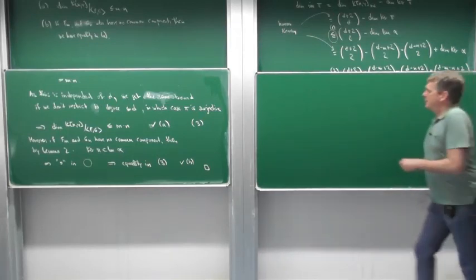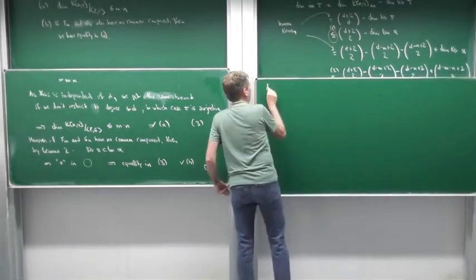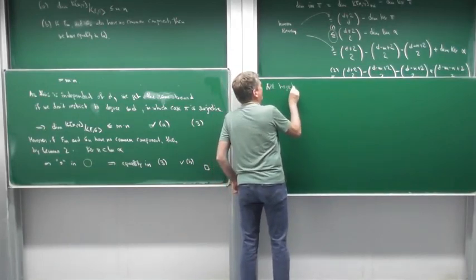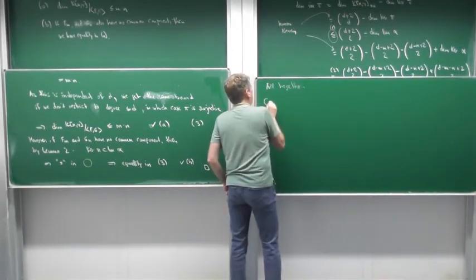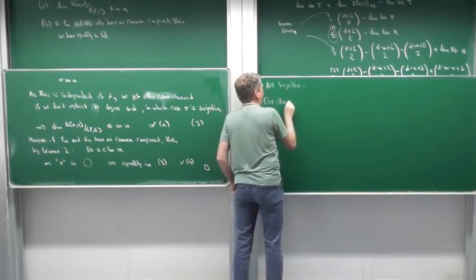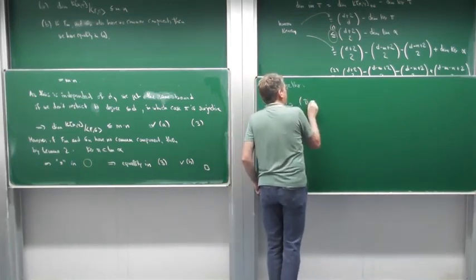So let's put this together then. So all together, we get as the corollary Bezout's theorem.